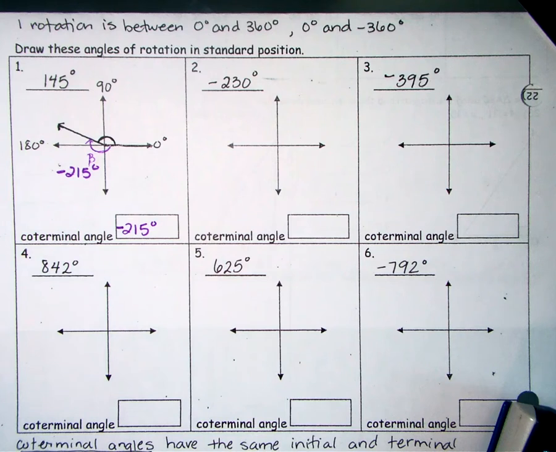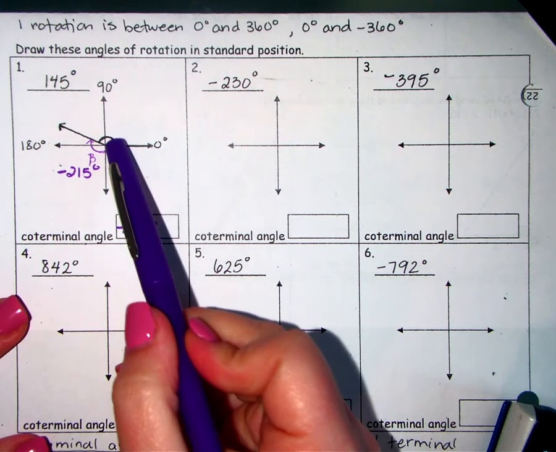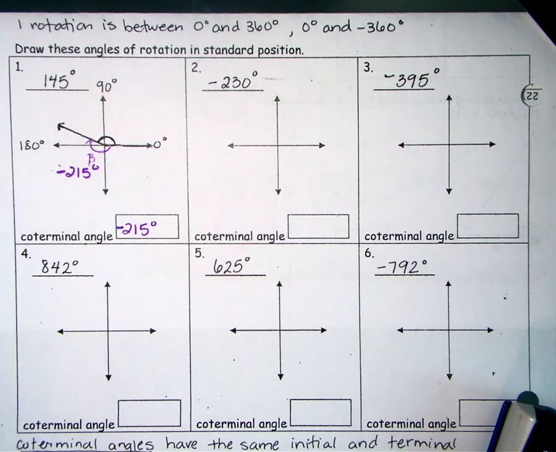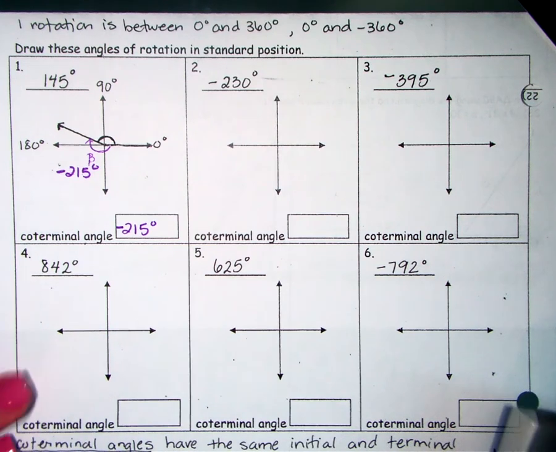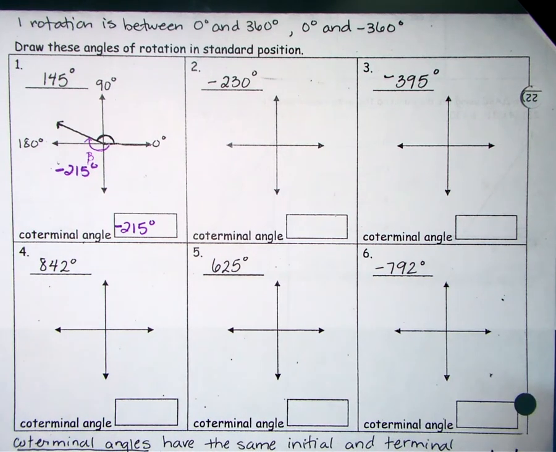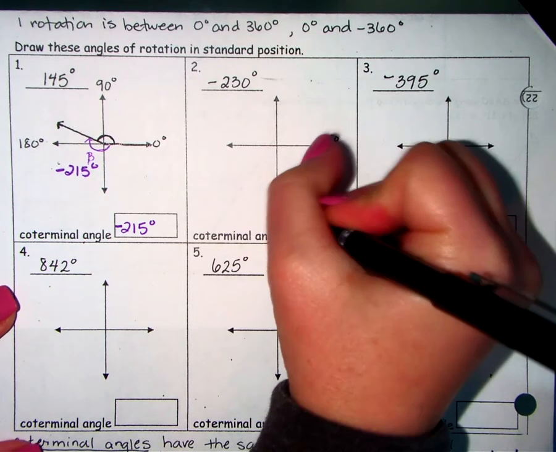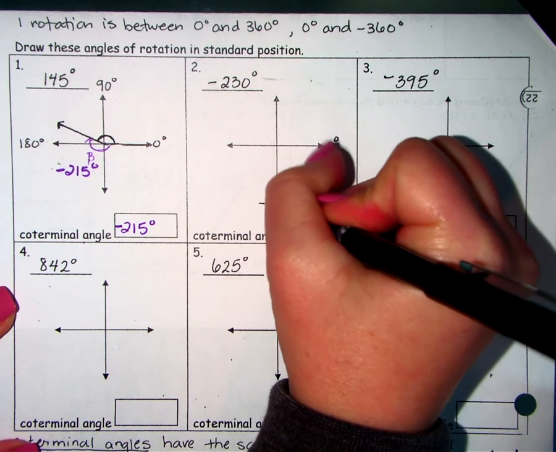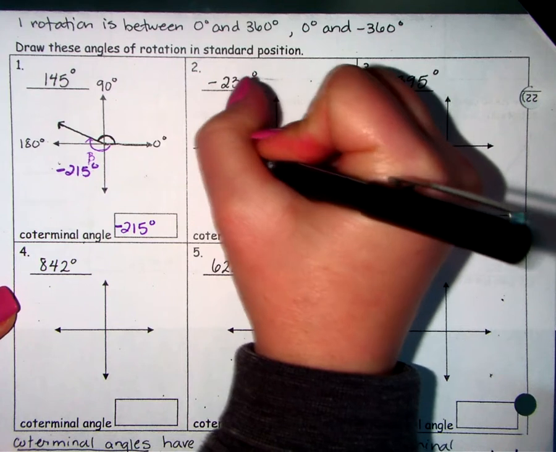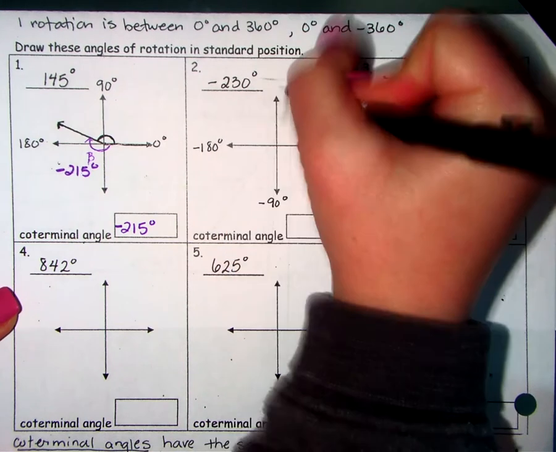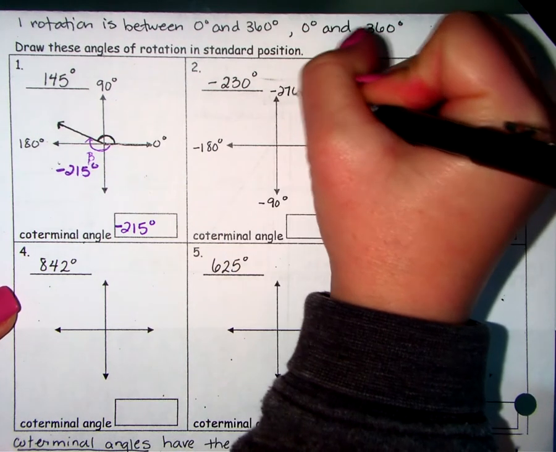So let's look at some others. This is what we call a negative coterminal because I went in the opposite, or a negative, direction. So let's look at negative 230 degrees. Again, this is 0 degrees. If I move negatively, this would be negative 90 degrees, negative 180 degrees, negative 270 degrees.